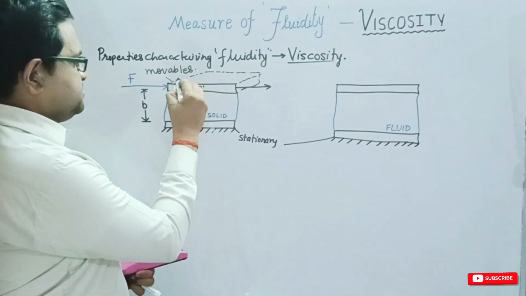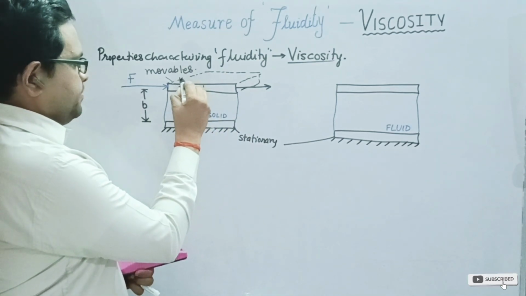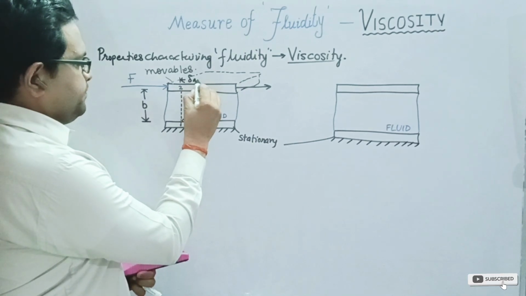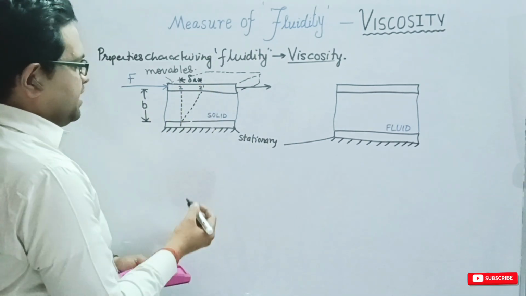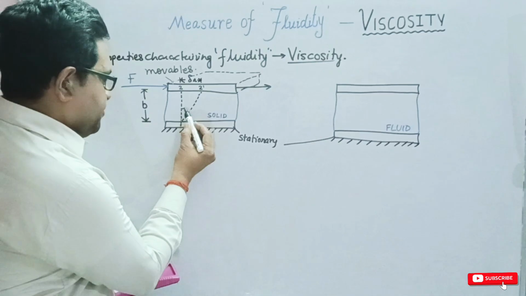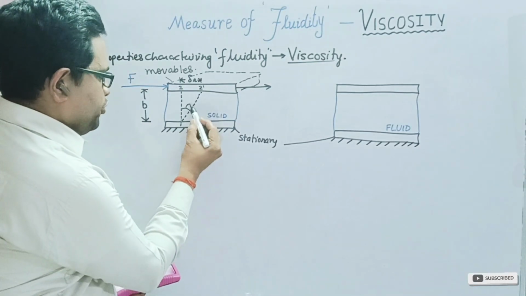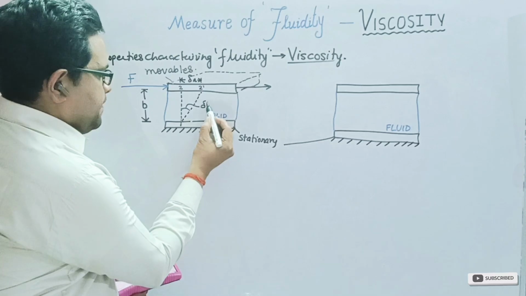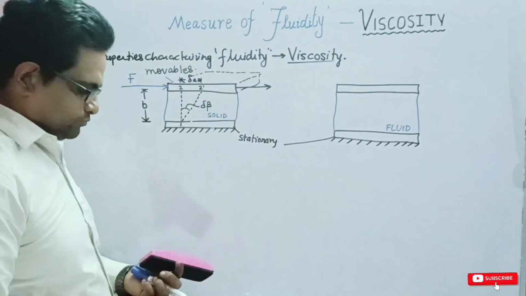Let us say that this displacement we represent as del A, and the angular deformation which the solid body is undergoing, let this be del beta.